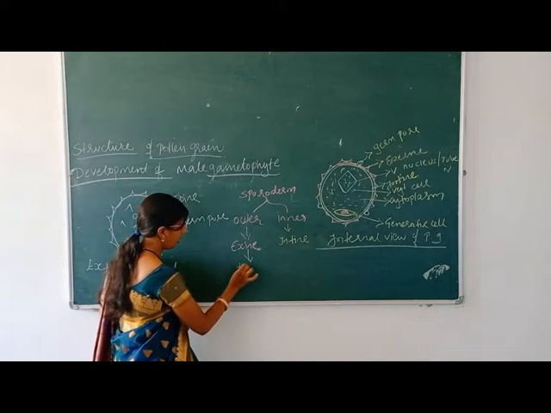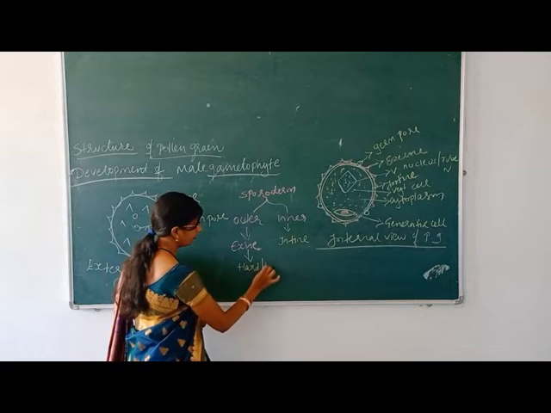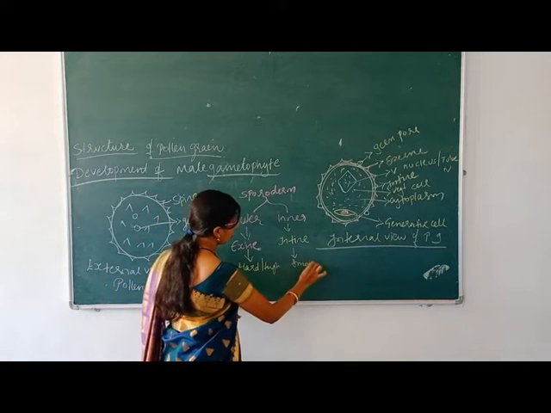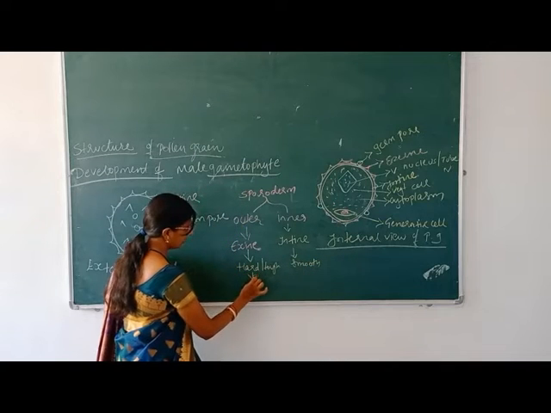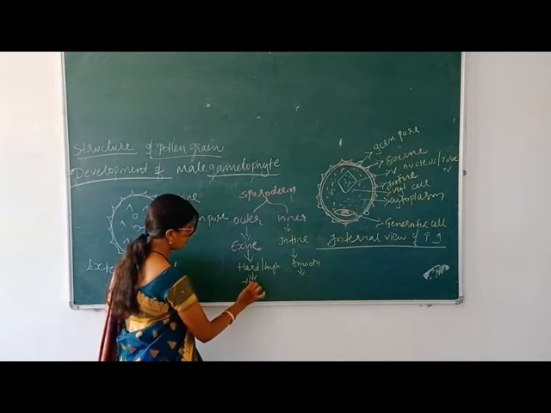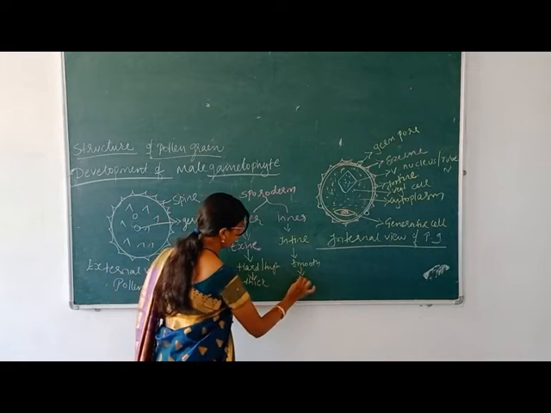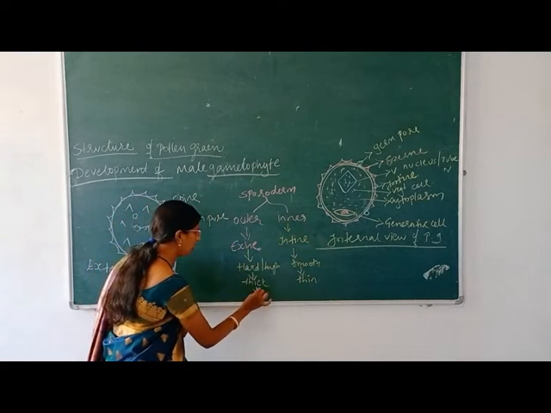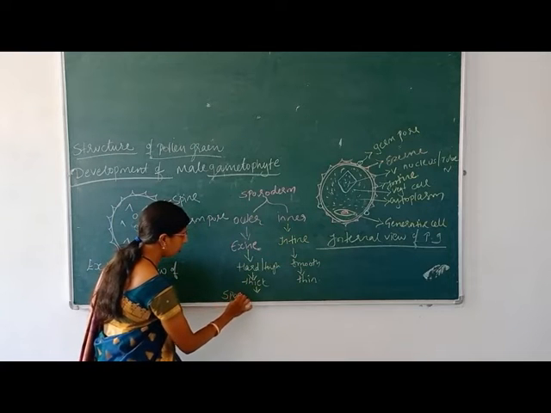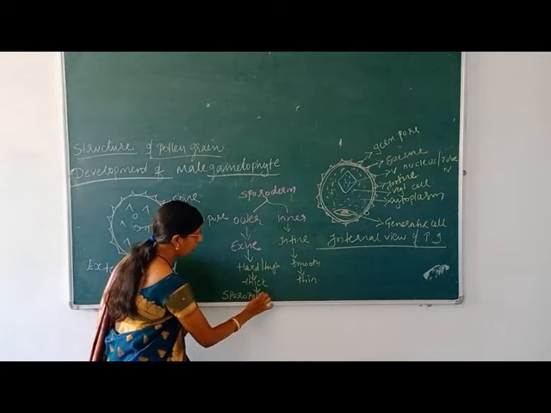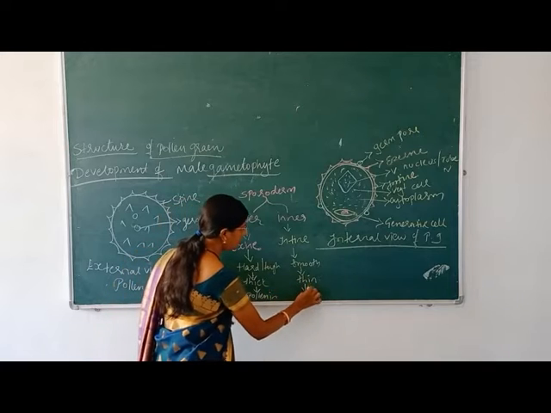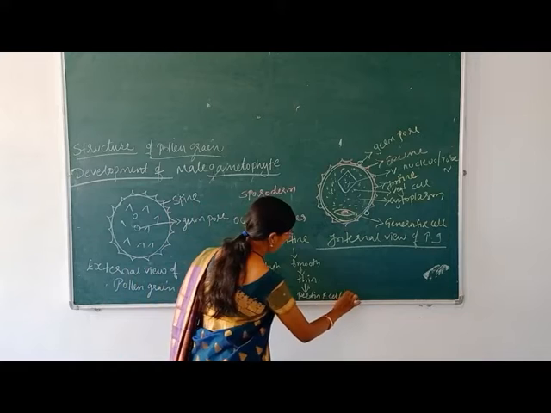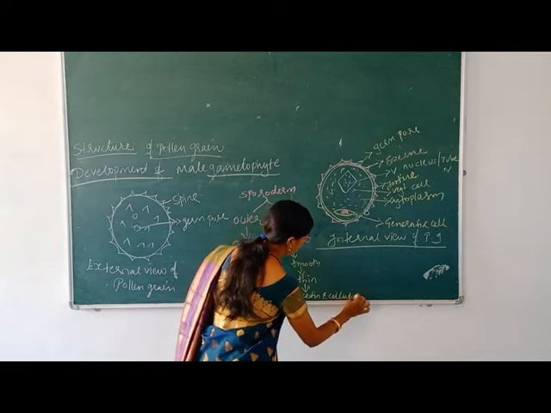Exine is hard or tough, and it is thick. It is made up of sporopollen, and the intine is thin and smooth, made up of pectin and cellulose.